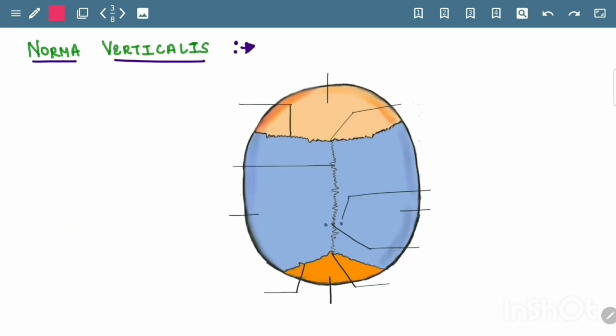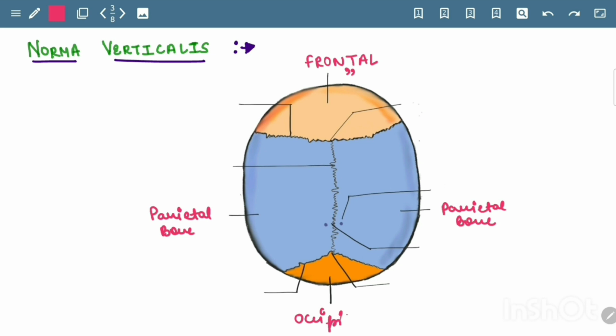Okay. So moving towards norma verticalis. What does norma verticalis mean? It means we view our skull from above, in which the skull appears oval in shape. So here are the markings. This one is frontal, both are parietal bones. Orange one is occipital. This one is coronal suture.